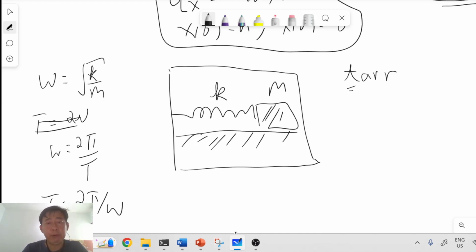In this example, k of the spring and m are assumed to be some known numbers. Then you know exactly what the angular frequency of this oscillator is. Knowing omega, you can then tell the period of the oscillation.